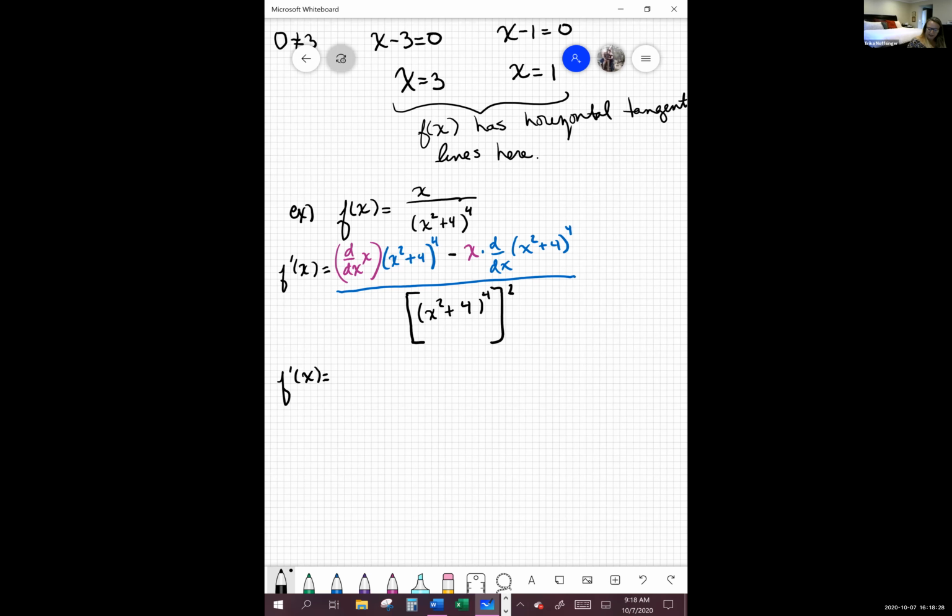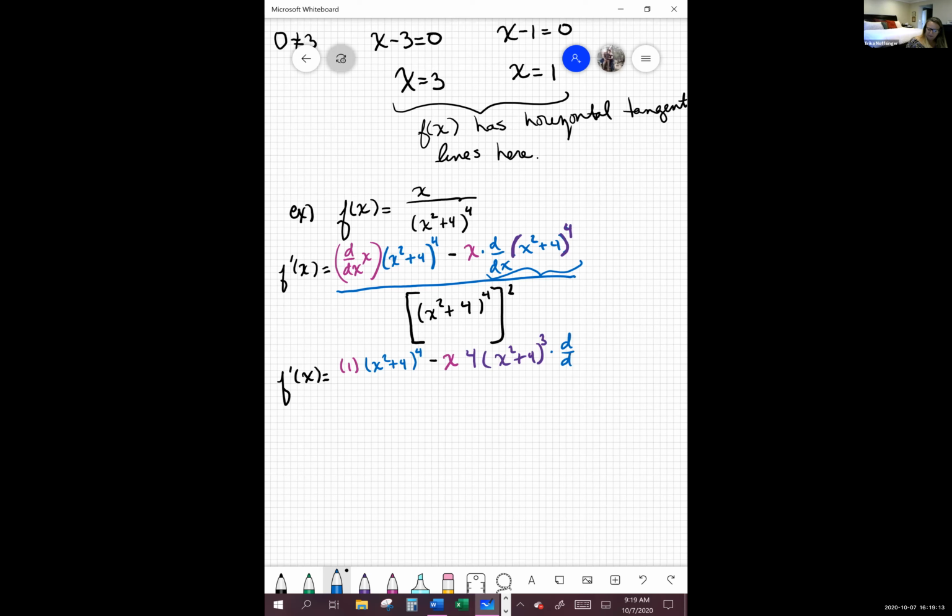Well, the derivative of x is just 1, all times x squared plus 4 to the 4th, minus x. And for the derivative of the denominator, we need to use the chain rule. So bring our power down front, the outer function: 4 times the inner function, x squared plus 4, subtract 1 from our power, which gives 3, times the derivative of the inside.